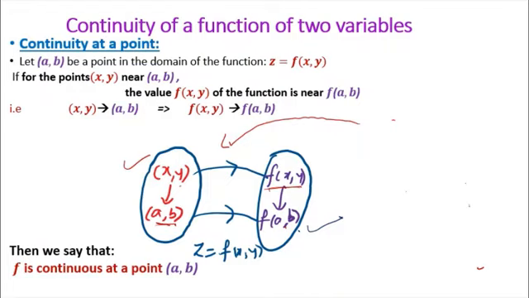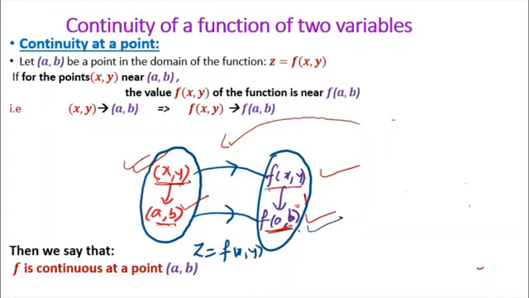In the domain, f of xy is there, ab is there, then f of ab is also there. If as x comma y tends to a comma b, f of xy also tends to f of ab and none other than f of ab, this itself is the limit L, then you call this function f a continuous function.